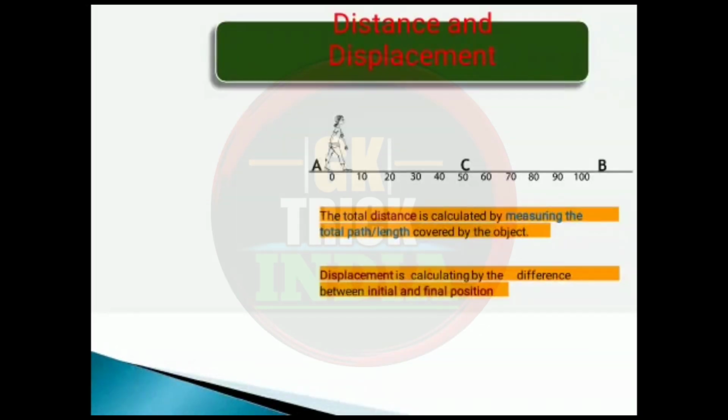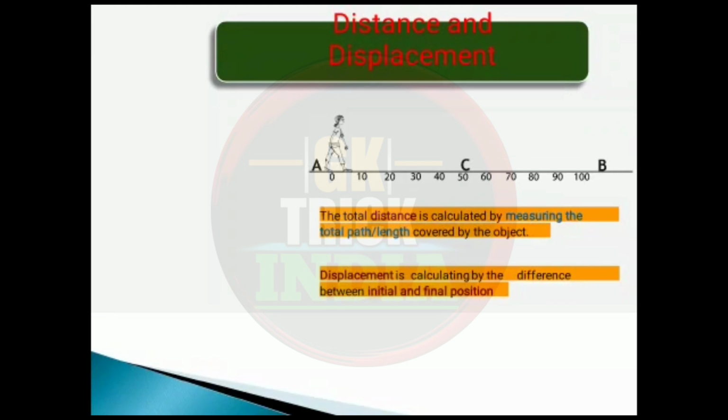To start, we need basic understanding about distance and displacement. Distance means the total path length covered by the object. It means only total path length. While displacement means the difference between the initial position and the final position.